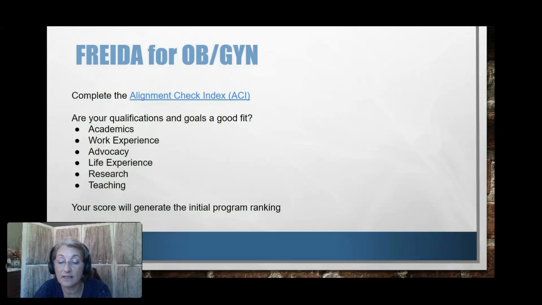Now, the higher the score, the more in alignment I am, the more competitive I am. So this score is based on how strong of a candidate you are for that program. It doesn't guarantee you anything. It just gives you a good idea if this is a reach program, a match program, or a safe program. The higher this number, the safer you are.